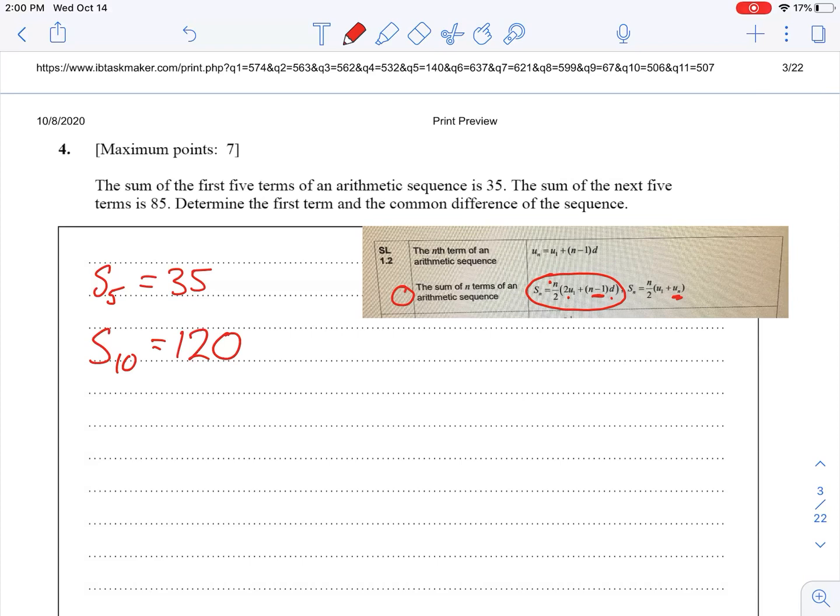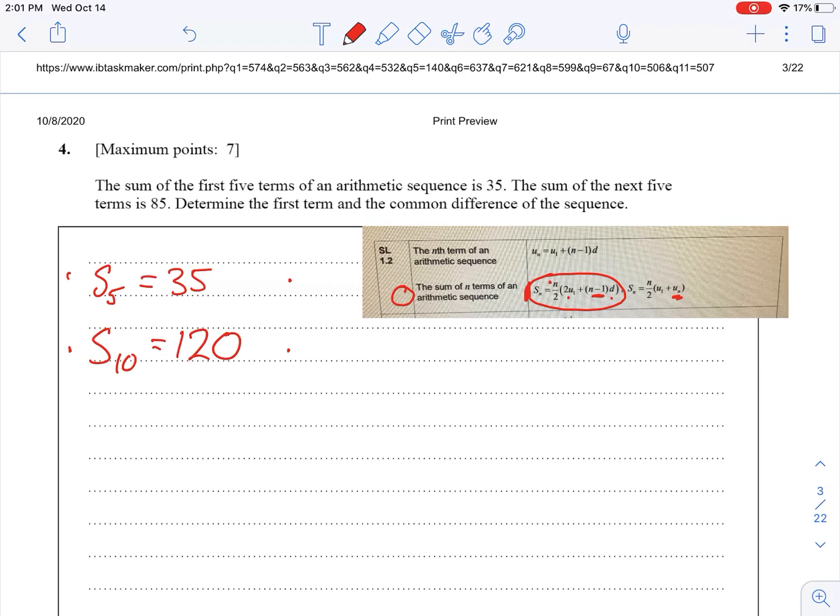Now that is going to be very useful, because now I've got some extra values I can substitute into these formulas, and maybe I'll be able to make 2 equations with 2 unknowns and form a simultaneous equation. If I've got enough information to form 2 equations with 2 unknowns, I can probably get to a solution here.